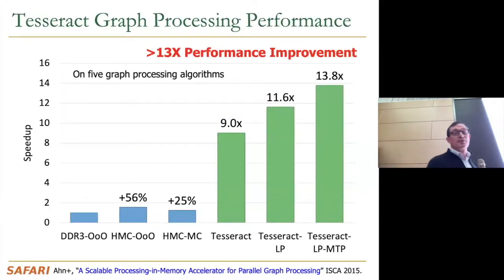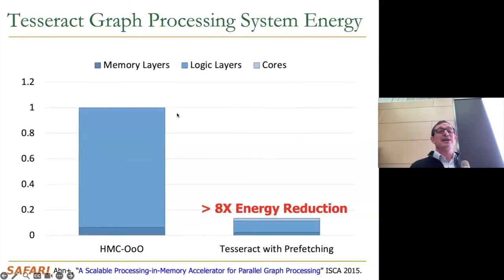You see significant performance improvements on average across 5 graph processing algorithms. Later works improved on our work. The numbers after, let's say, 5, 6, 7 years are closer to 100x, essentially, if you specialize even more. And the energy reduction is also significant. We get more than 8x energy reduction at the time. Remember that this work was done more than 10 years ago.